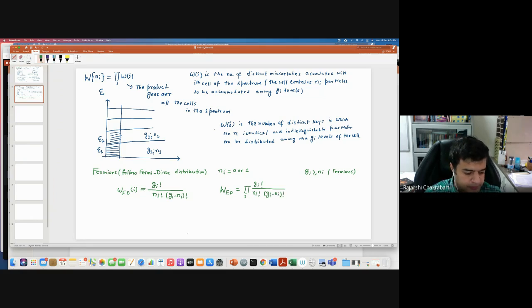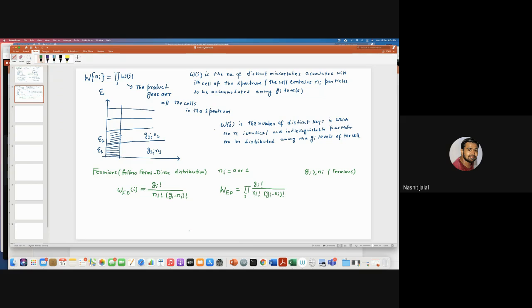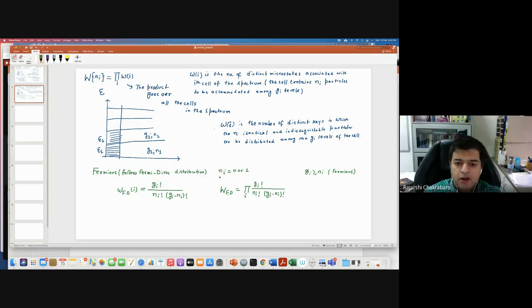Could you explain again the fermion distribution? Fermion means in one of the levels, I can have either one particle or no particle. For example, if I go to this cell, I have G1 number of levels and N1 number of particles. So G1 has to be greater than or equal to N1.